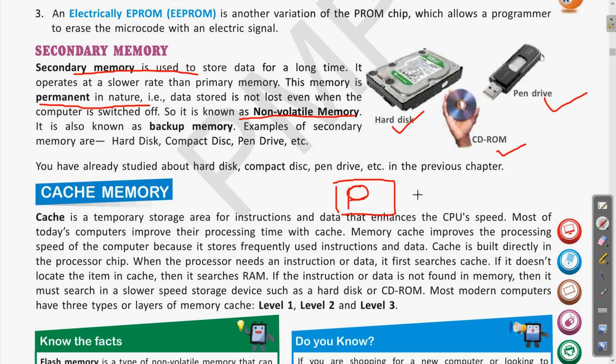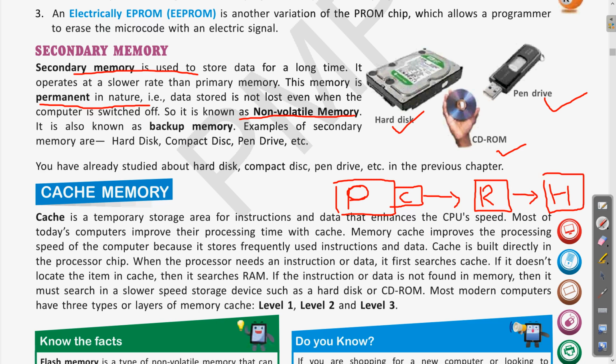Clear? Which is holding the important things which you are frequently using, that is the cache. Then we have RAM, and after that we have the hard disk. Clear? So these are the different storage units.